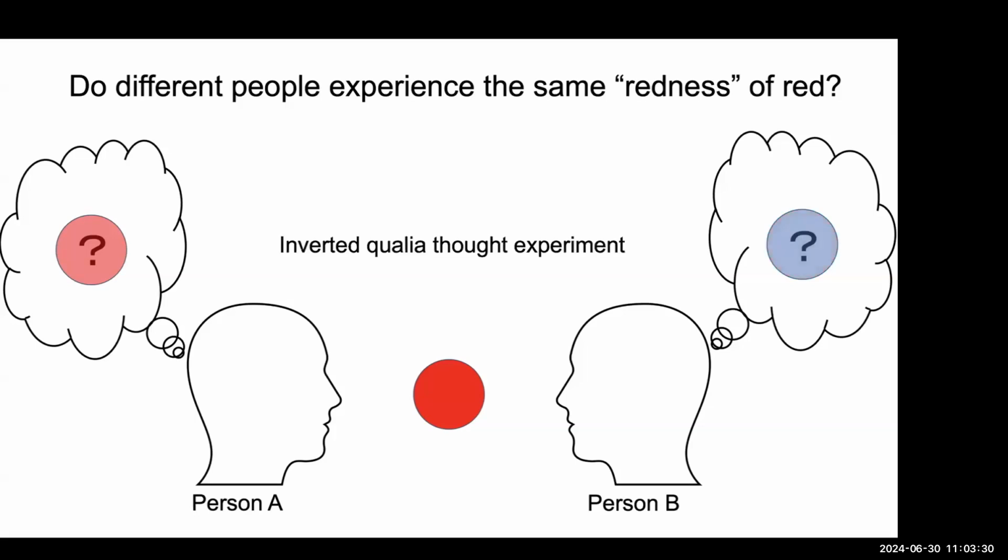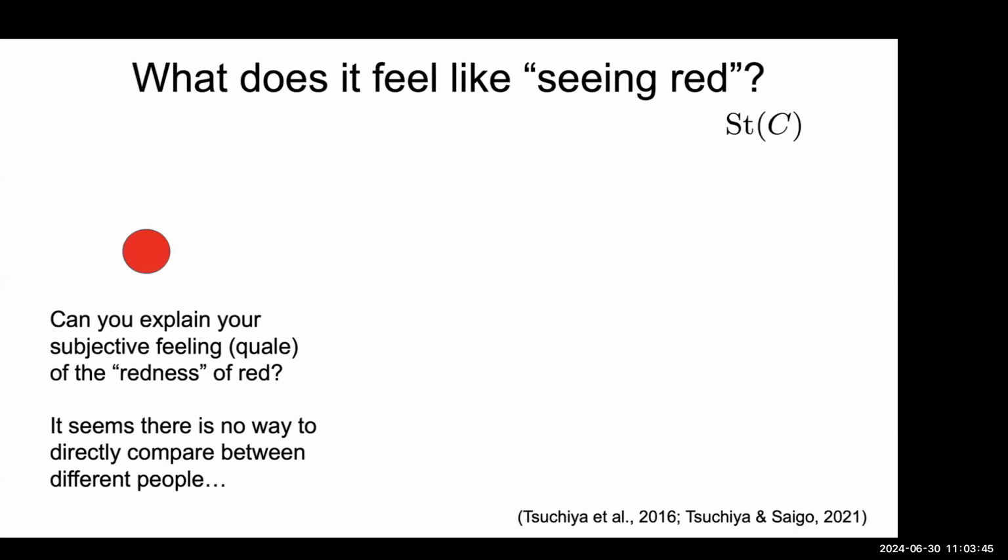We can think that maybe person B's experience is something completely different, like blue. This is a famous embodied Qualia sort of experiment, and people think that there is no way to directly compare Qualia between different people.